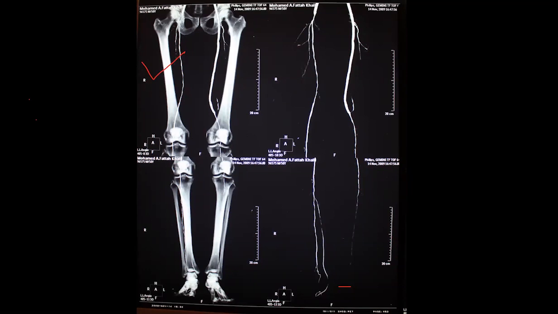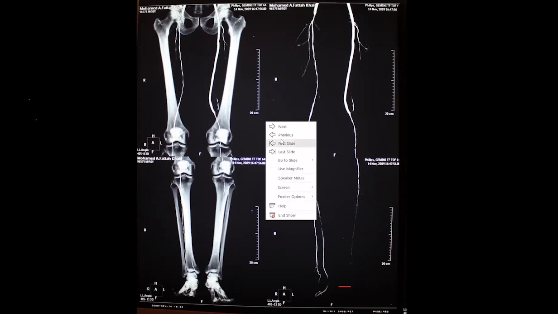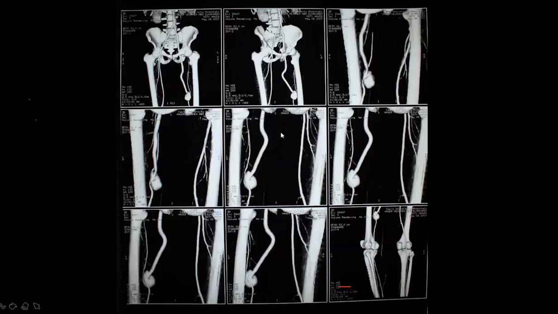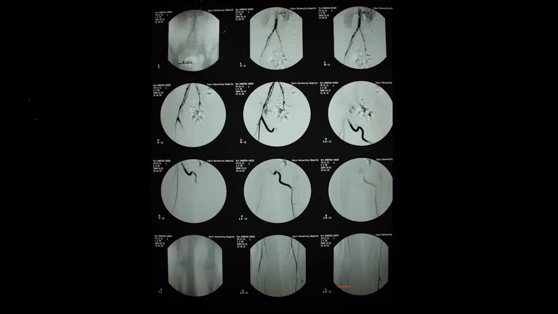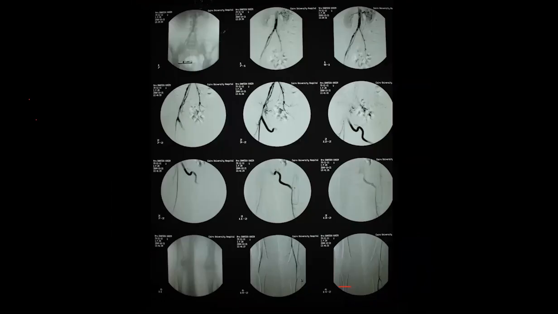No, we want to see the more proximal images that we've just seen a minute ago. It's not this image that we want to see. Go on with this one. This is fair enough. Go on, Pradeep.